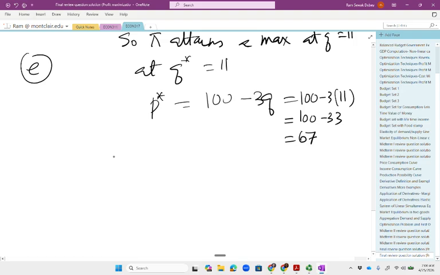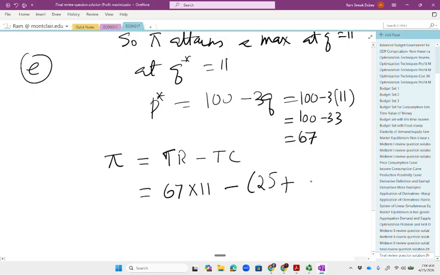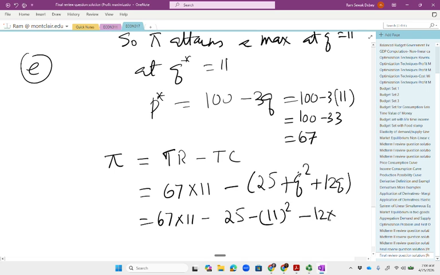And now the profit is total revenue minus total cost. Total revenue is $67 price times 11 units sold. So that's the total revenue. The total cost is 25 plus Q square plus 12Q. I will write the expression first, then we will simplify: 67 times 11 minus (25 plus 11 square plus 12 times 11).